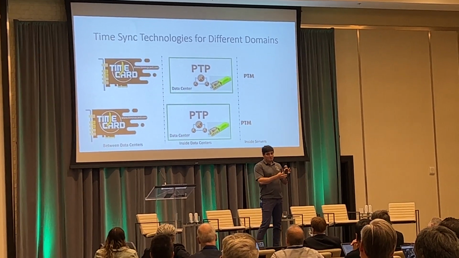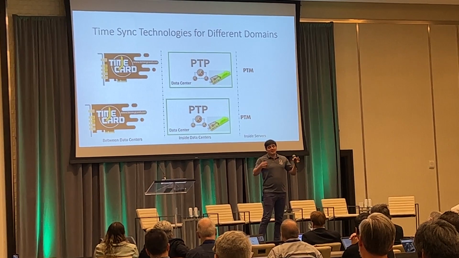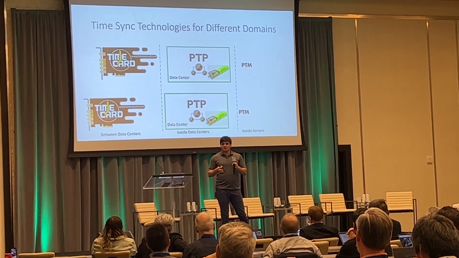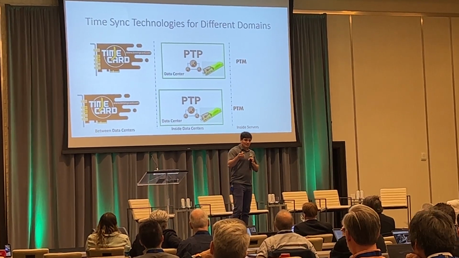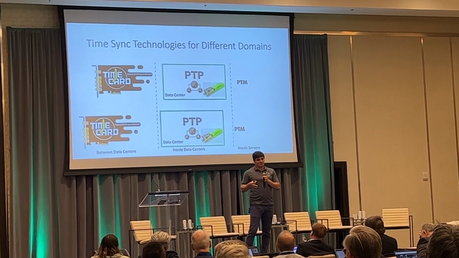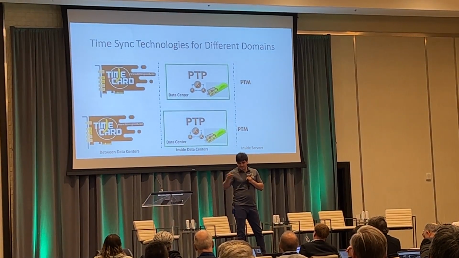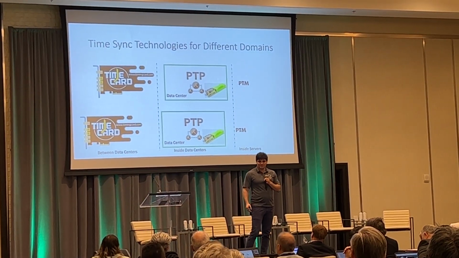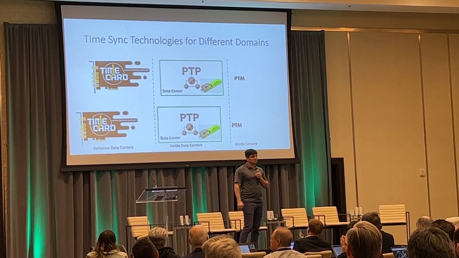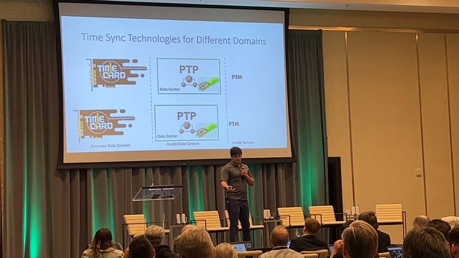You put Time Cards between data centers. In a data center, you go with PTP, and I wish Kevin was here. Then inside a server, you go with PTM. PTM is precision time measurement, where, again, that last foot of synchronization, all the peripherals in the server will get in sync.